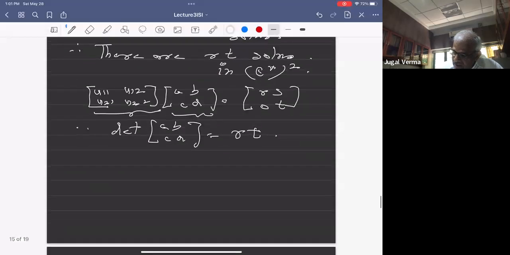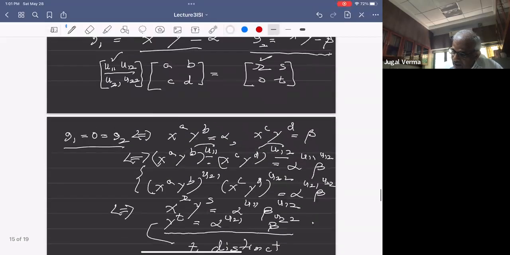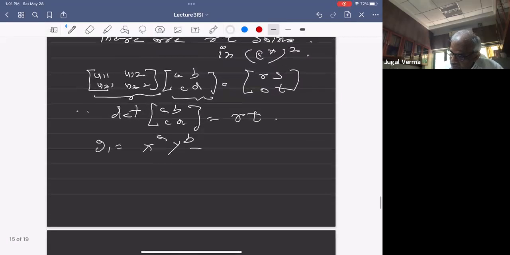My G1 was X^A Y^B minus alpha, and G2 was X^C Y^D minus beta. So what is the Newton polygon of G1?